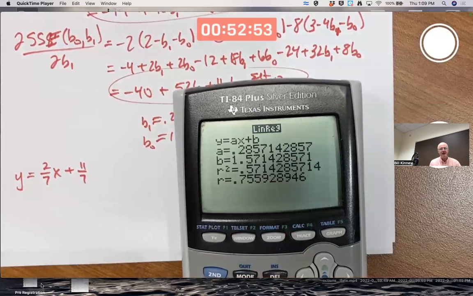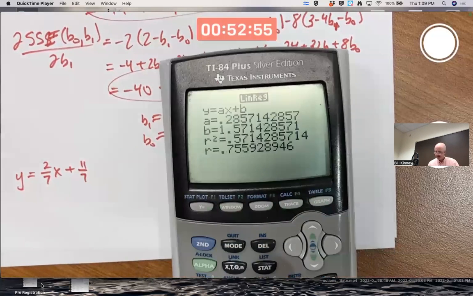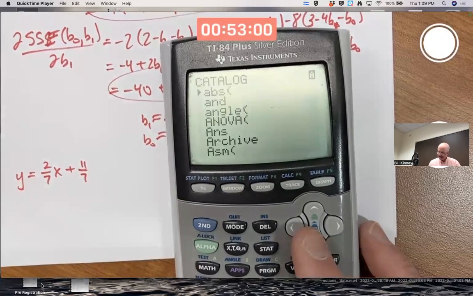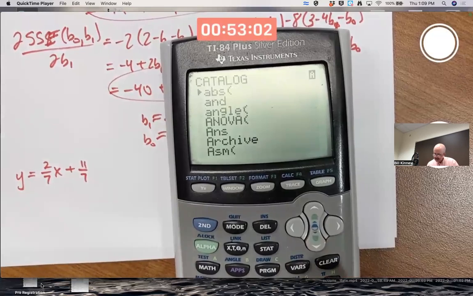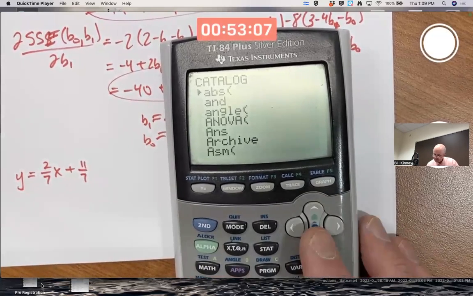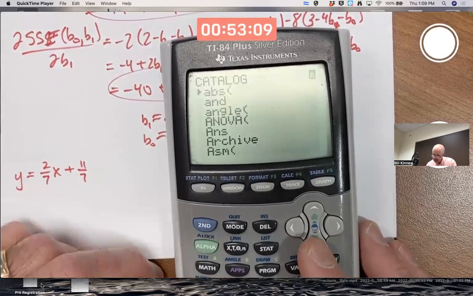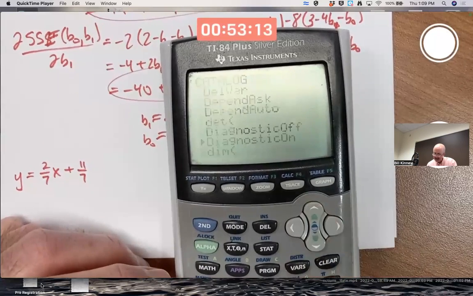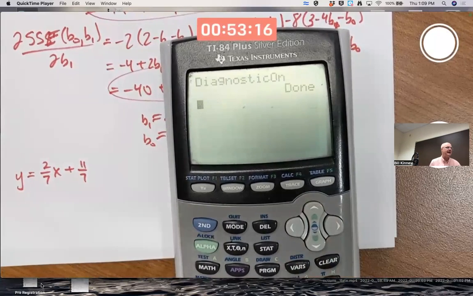Your calculator might not show R squared and R. If it doesn't, you can go to the catalog, down to the D range of words, and go down to DiagnosticOn and click enter and it says done. And then you go back and do it again and R squared and R should be there. DiagnosticOn. Why they don't make it the default, I don't know. Maybe on some calculators they do.